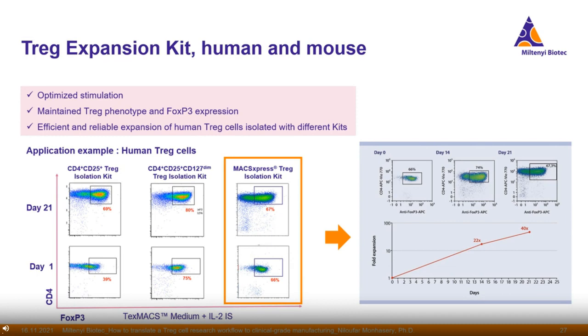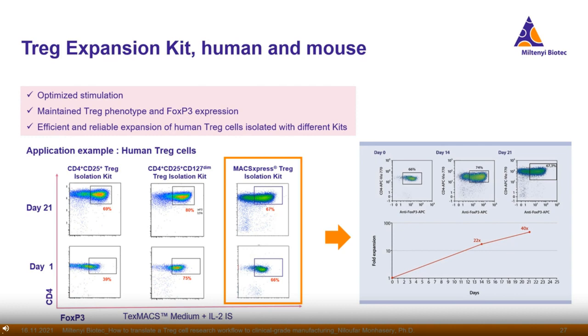I just decided to show you the expansion rate of the Tregs out of MACSxpress Treg Isolation Kits. After 14 days, we reached 22 times expansion, and after 21 days, we reached 40 times expansion rate, which is a great number.